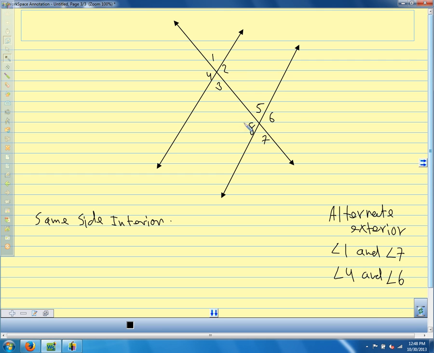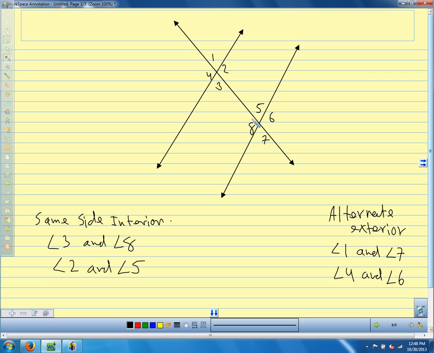So our same side interior would be angle 3 and angle 8 on this side of the transversal. And on this side we have angle 2 and angle 5. Same side interior, same side of the transversal, inside the parallel lines.